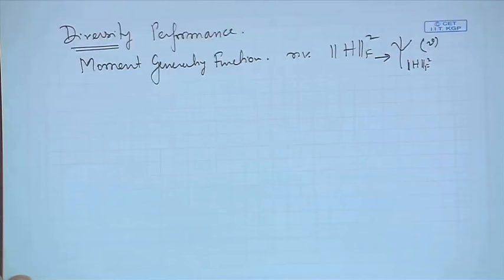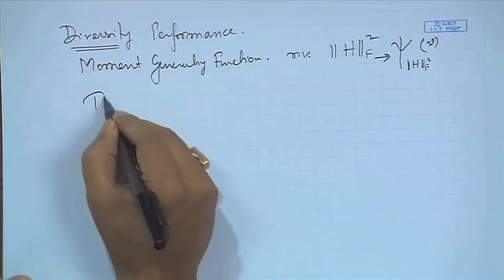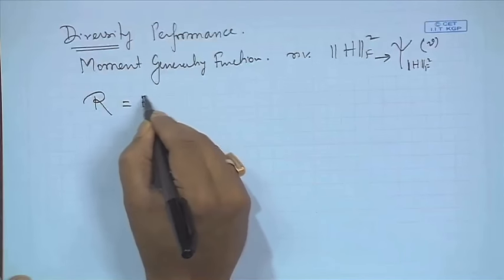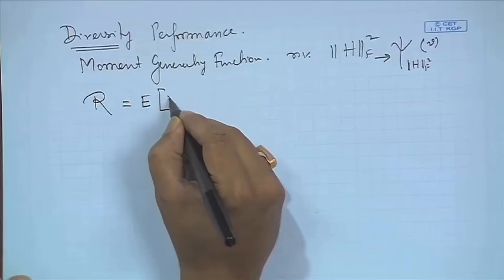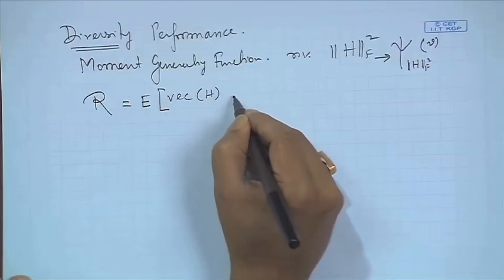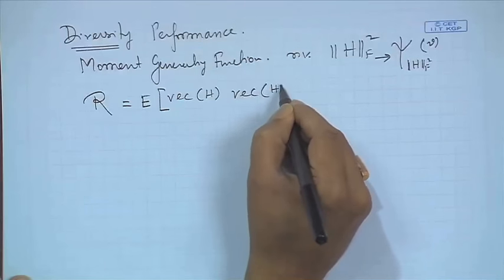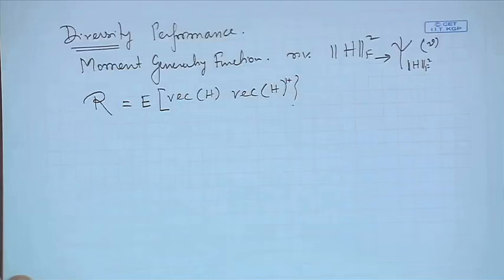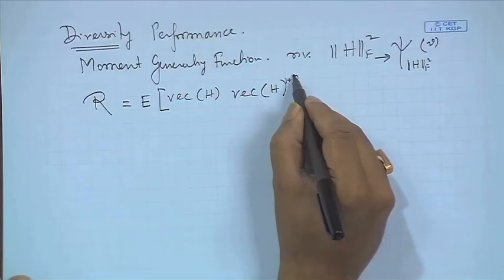Okay. So assuming Rayleigh fading, so we'll assume Rayleigh in Hij, we could say R, the covariance matrix, is the expectation of vec of H, vec of H Hermitian. This we have already seen, this expression, right?